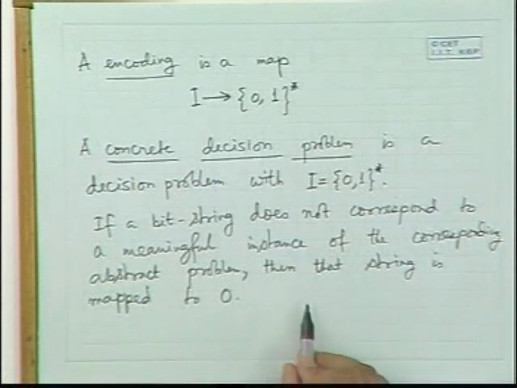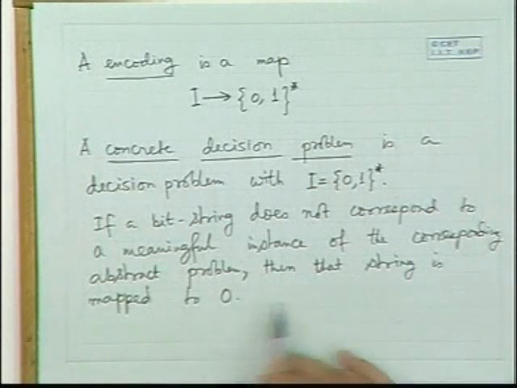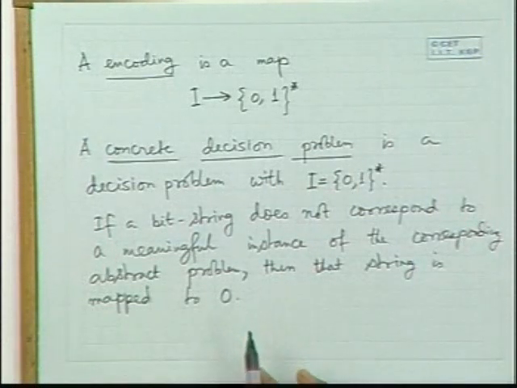Now for the meaningful ones, either it goes to 1 or 0, but the ones which are not meaningful in the encoding, we will map them to 0 basically. So this is the concrete decision problem: a problem which is a decision problem and which has been encoded in terms of binary. That is the concrete. Now we have a notion of what is a decision problem when encoded in terms of binary. Everything we are looking at is binary strings now.